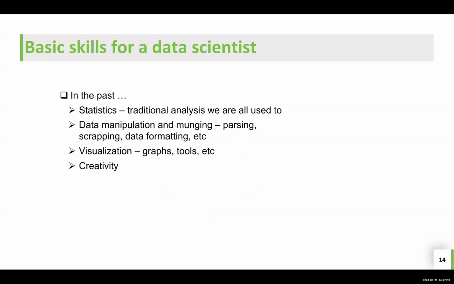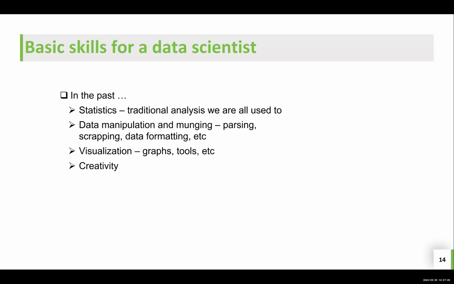So in the past, maybe 10 years ago, what we thought of as data science was just having some knowledge in statistics and being able to do some traditional analysis, or being able to do some data manipulation, parsing, scraping, and data formatting, and being able to visualize some data using various tools.